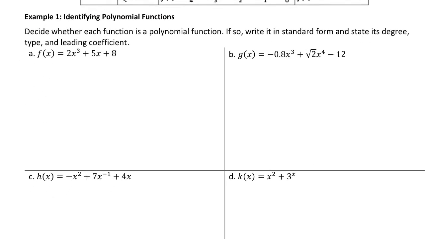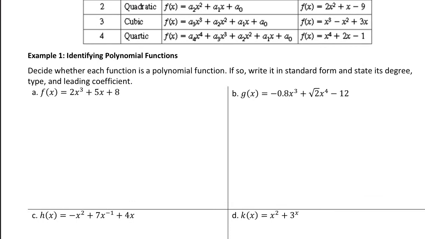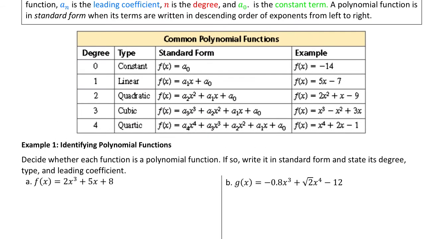So, identifying polynomial functions. This is what I really want to focus in on, because this helps us define them using specific examples. These specific examples are going to help us round out the definition of a polynomial. So when we look at Example 1, Part A, it shows us 2x to the third plus 5x plus 8. This right here is a polynomial function. I'm just going to go back to the definition and reread this really quick.